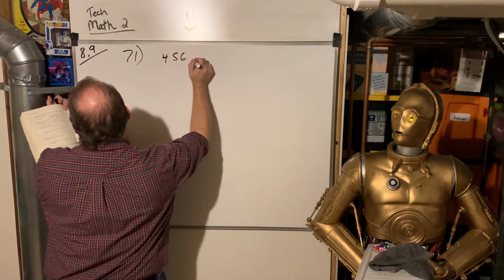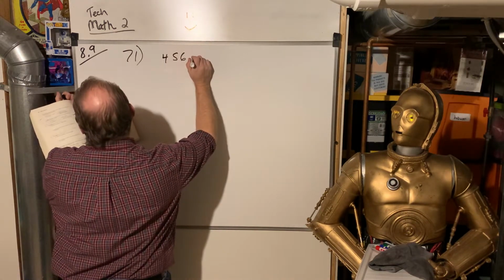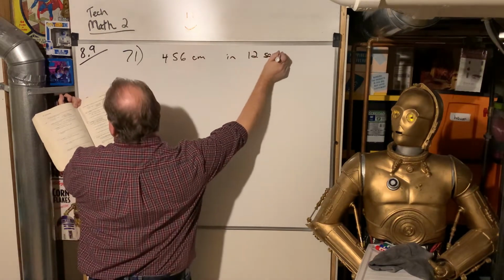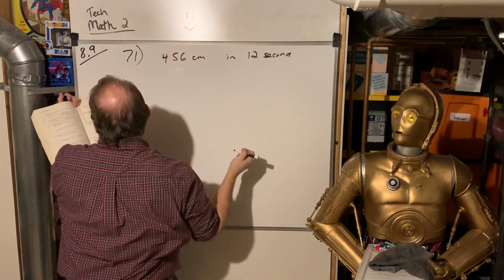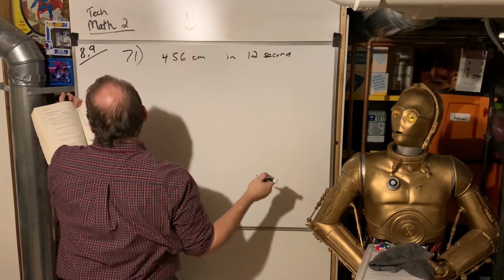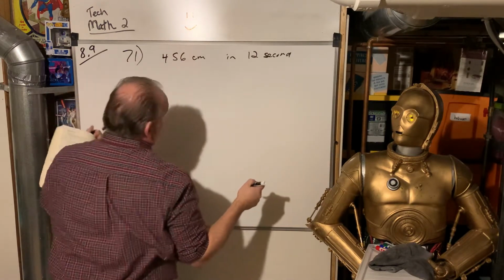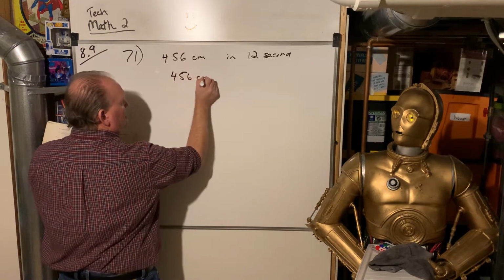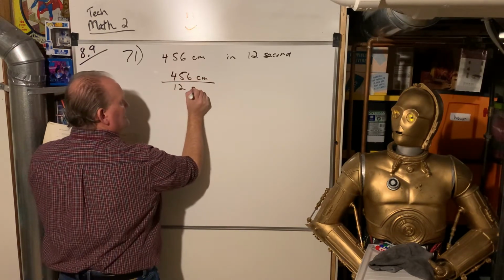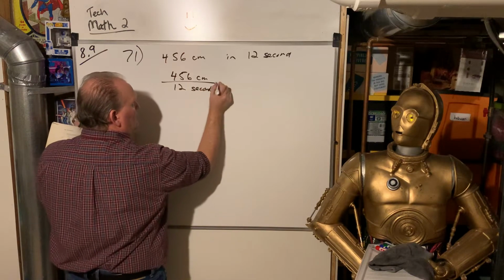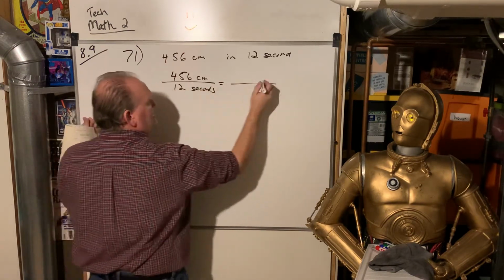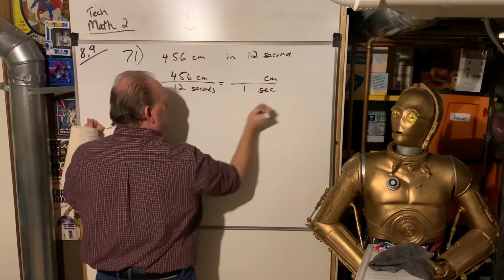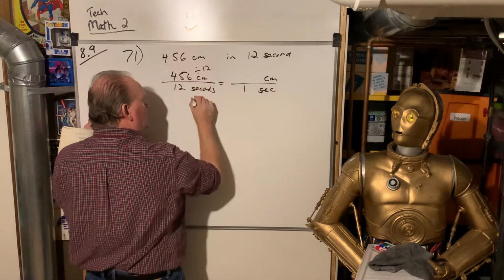They said a point travels 456 centimeters in 12 seconds. And then they want to know the centimeters per second. They want to know its linear velocity. So really, in 12 seconds, we just want to know how many centimeters in 1 second. So we would divide top and bottom by 12.